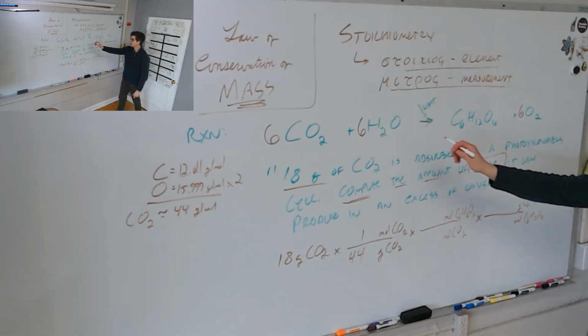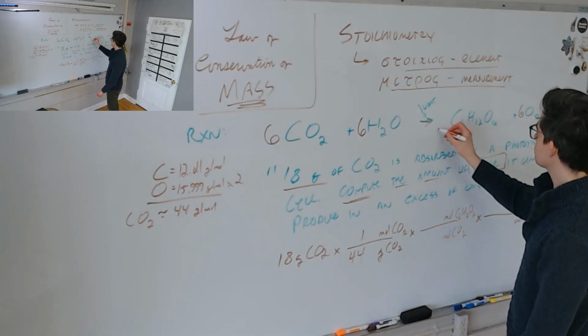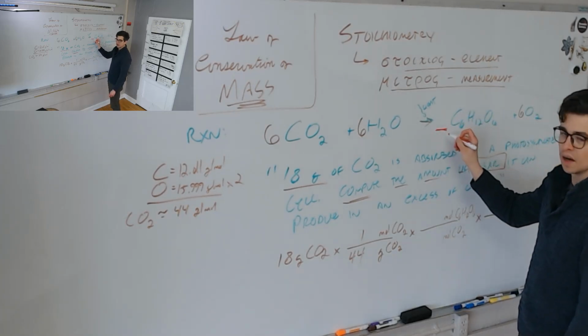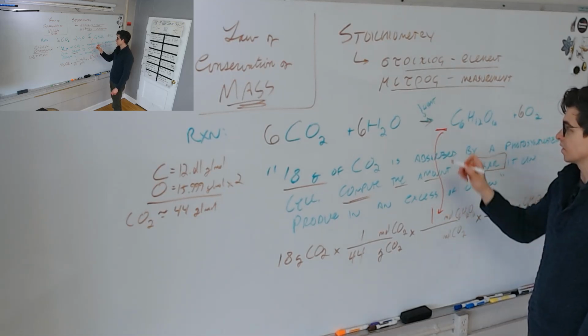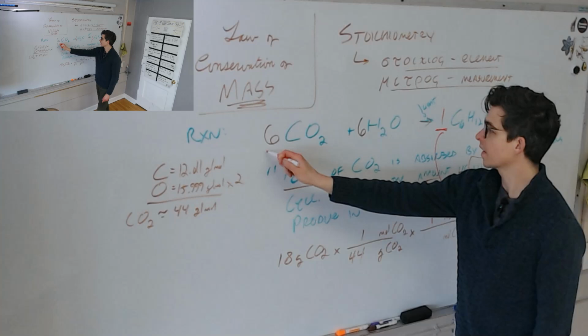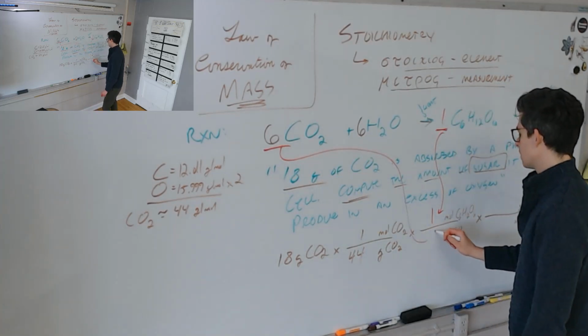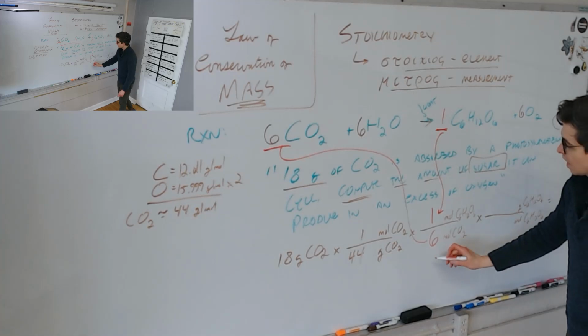The answer is the coefficients from my balanced chemical equation. What's this coefficient? I underlined nothing. What is that coefficient? 1. It's not 0, it's 1. If we don't have a coefficient, it's 1. And what about CO2? Well, that comes from over here. So it's a 6. Just the coefficients from the balanced chemical equation.